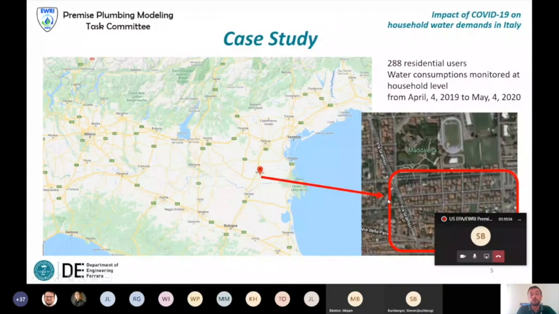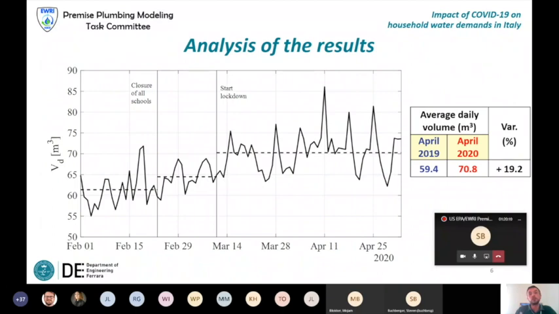So we could make a comparison of the water consumption at household level in the pre-lockdown period, in a, let me say, normal situation, and during the lockdown. We performed this comparison both by considering the total consumption of the DMA, but also by looking at each single user.